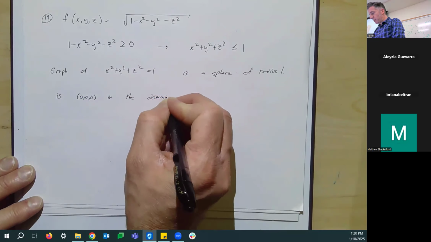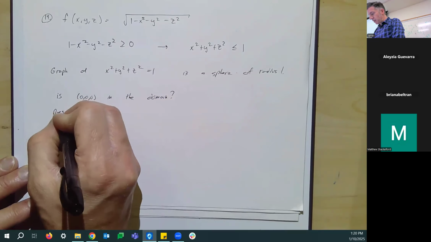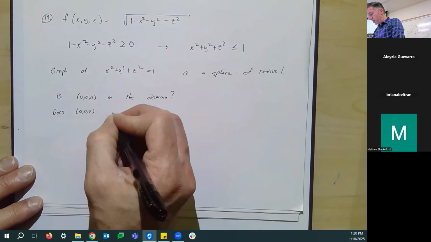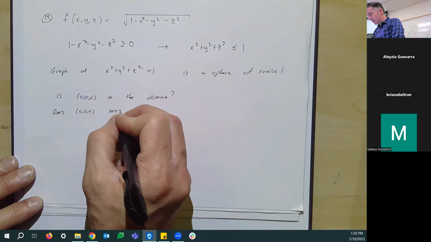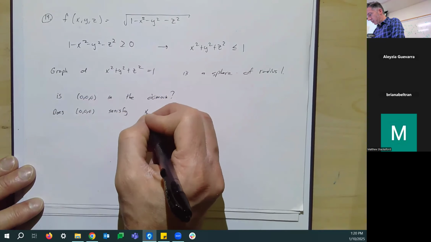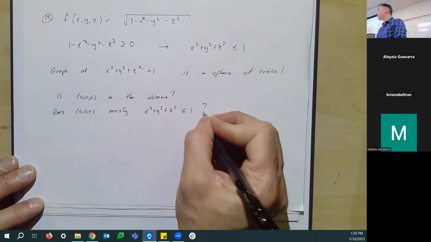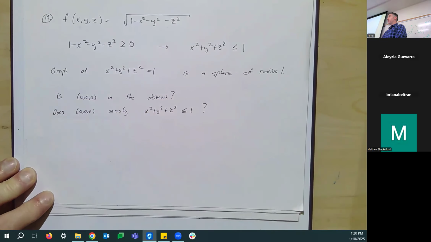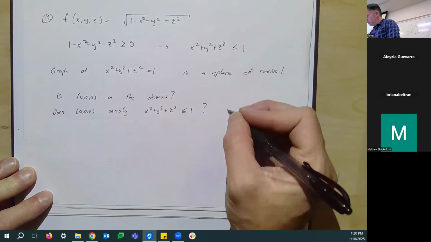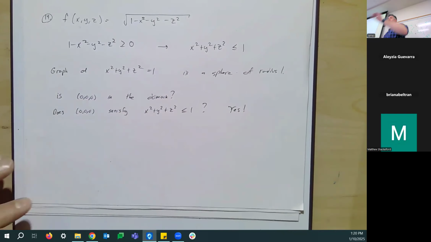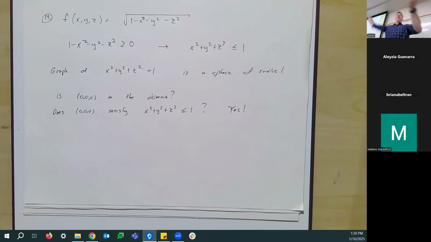In other words, does the point 0, 0, 0 satisfy the inequality x squared plus y squared plus z squared less than or equal to 1? And it clearly does. 0 squared plus 0 squared plus 0 squared is 0, which is less than or equal to 1. Yes.